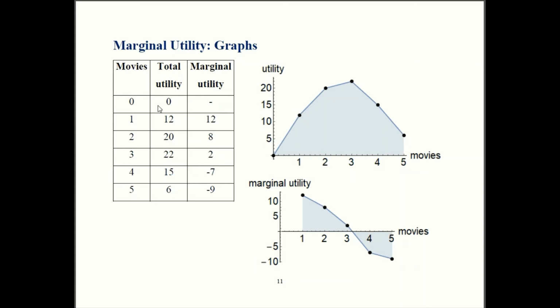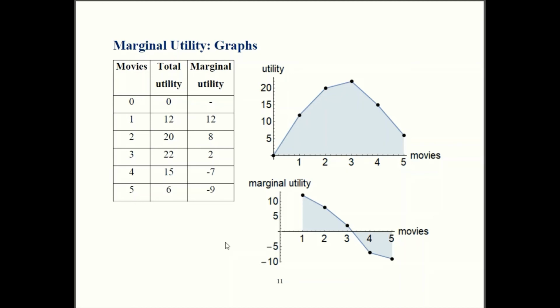So with our first movie, our total utility went up by 12, so marginal utility was 12, so we had 12 over here. Utility rose by 8 with the second movie, so we graphed that over there. And for the third one, it was an increase of 2, so we have 2 for the third movie. And you see you always have a negative slope for marginal utility.